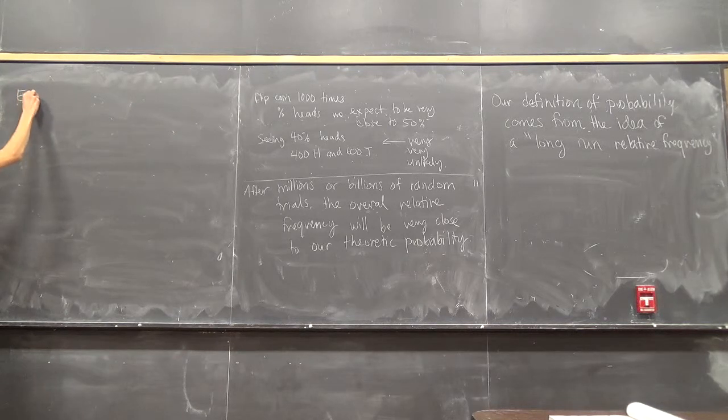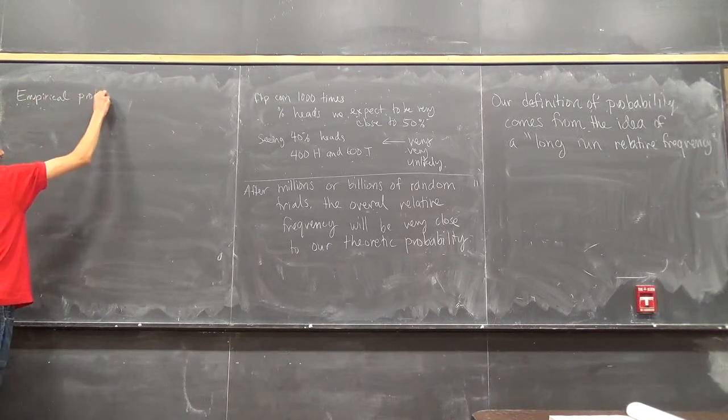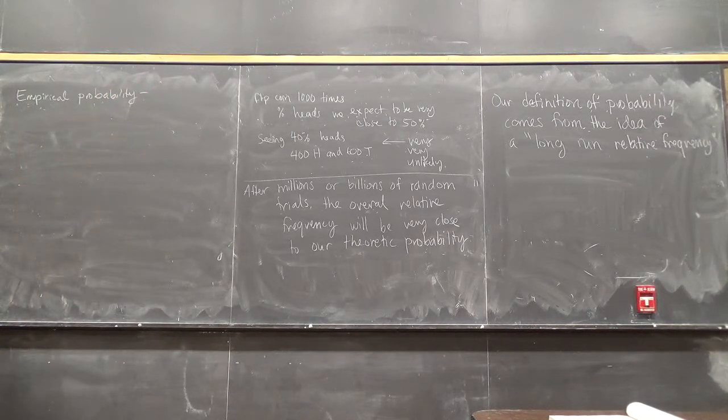This brings us to the notion of the law of large numbers, but first I should define what we have, the empirical probability, which is really just the relative frequency based on our data, okay?